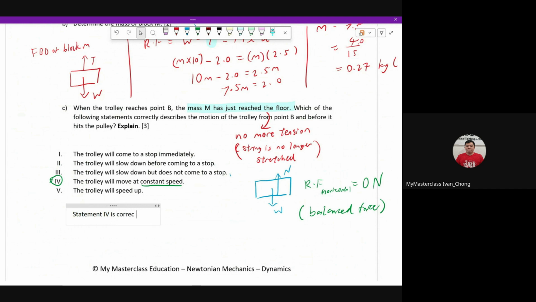Is correct. Explain why. So this is a statement explain, right? So your explain is 2 marks. When mass M reaches the floor, the string is no longer tight and stretched.